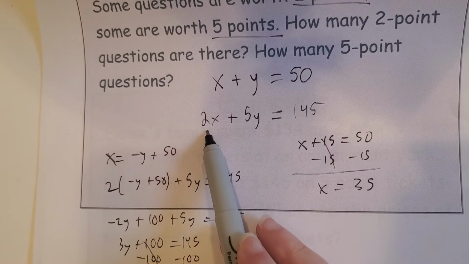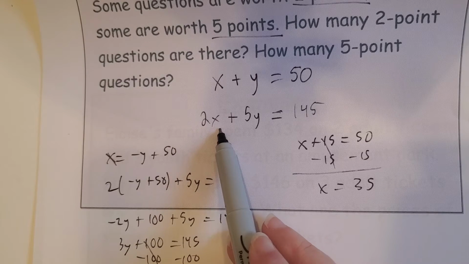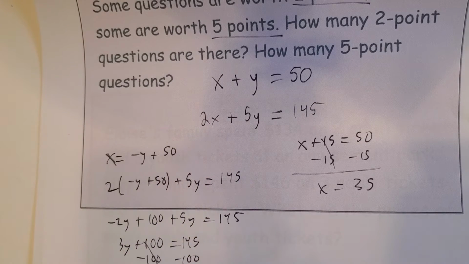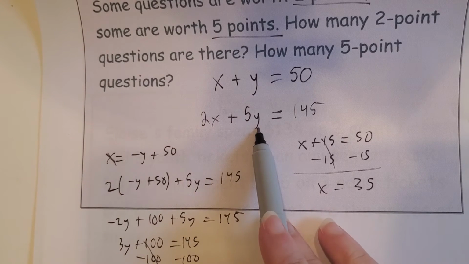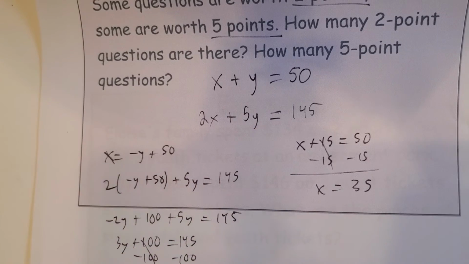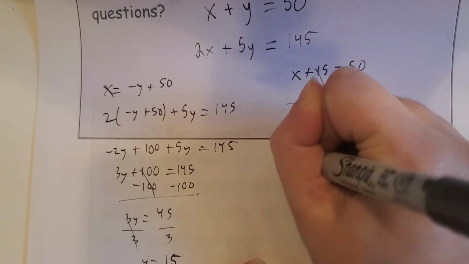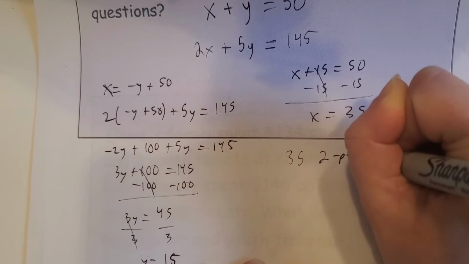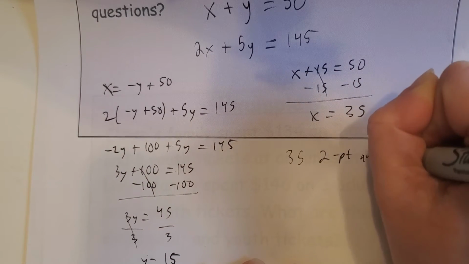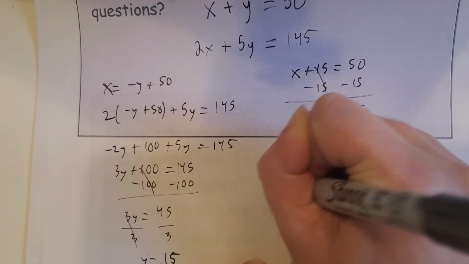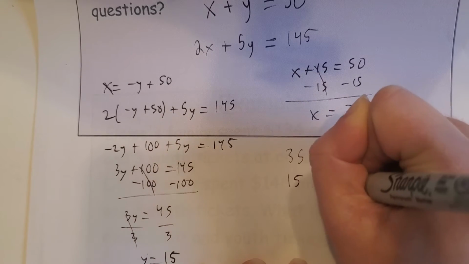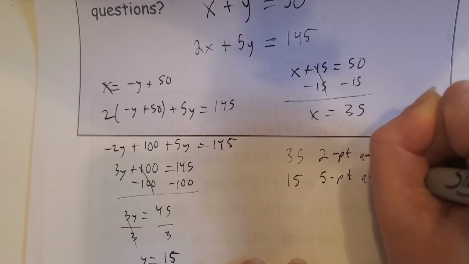But since the 2x down here corresponded with the 2-point questions, x represents how many 2-point questions there were. And then y would represent how many 5-point questions there were. So the little phrase that you would write at the end of all this would be something like 35 2-point questions, 15 5-point questions.